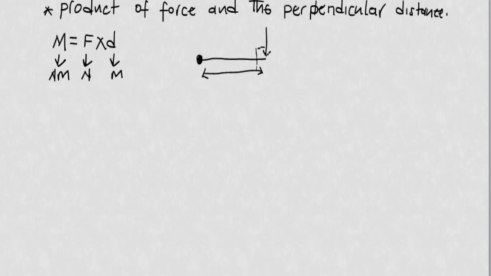It's different if you have something like that. If the force is coming from that end, and this is the distance, this distance is not perpendicular, therefore the moment for this one is equal to 0, while the moment for the other one is not equal to 0.